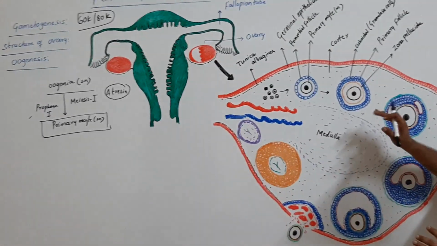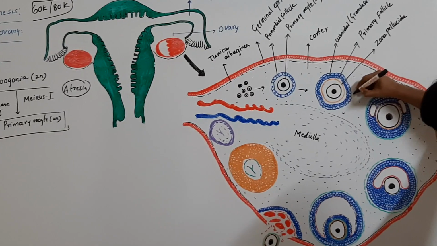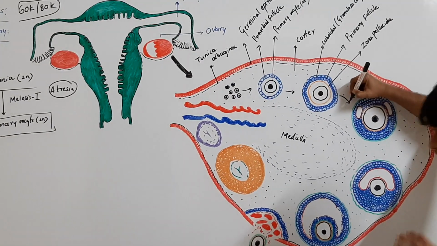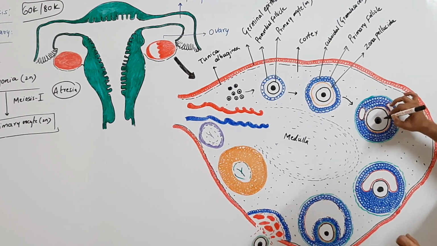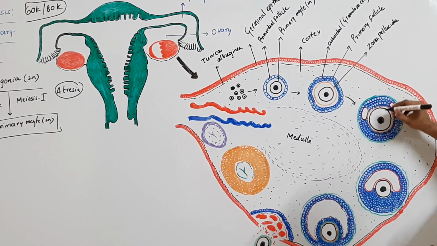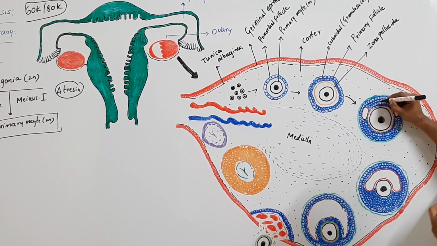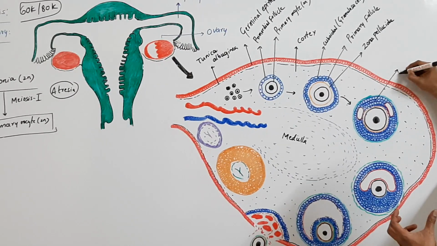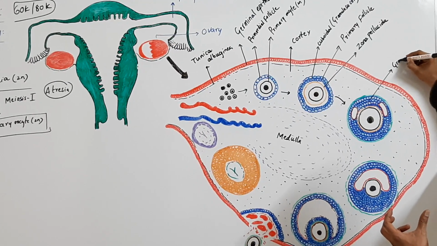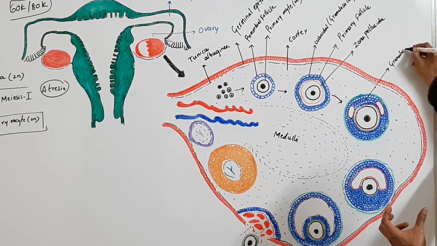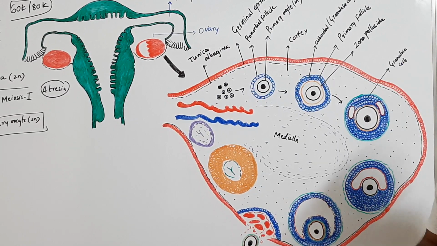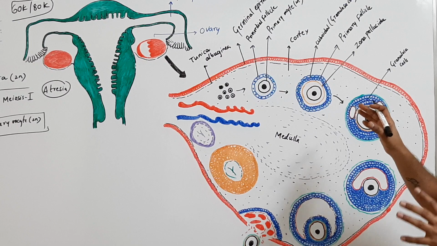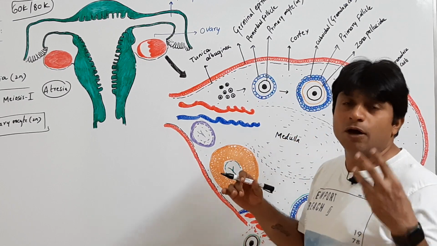Now in the primary follicle, the granulosa cells keep on proliferating further, and during their proliferation they form 6 to 7 layers of granulosa cells under the influence of hormones.